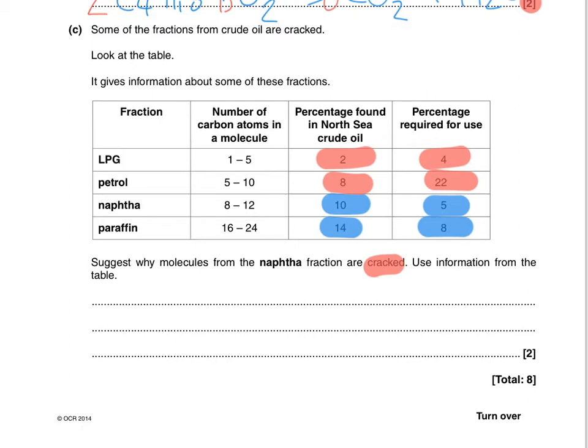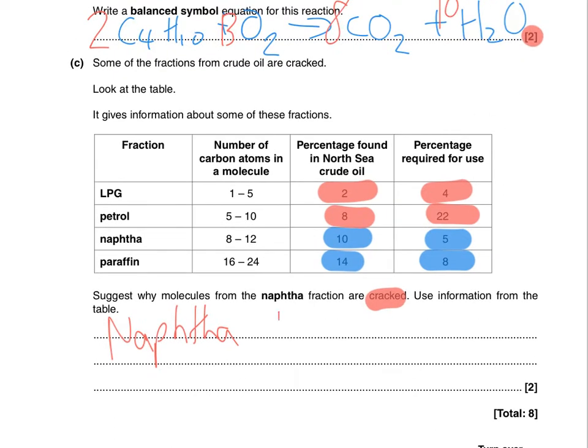So the first mark is for the idea that naphtha or paraffin is in excess, so a higher percentage found than needed.